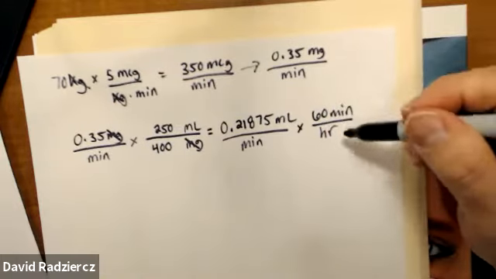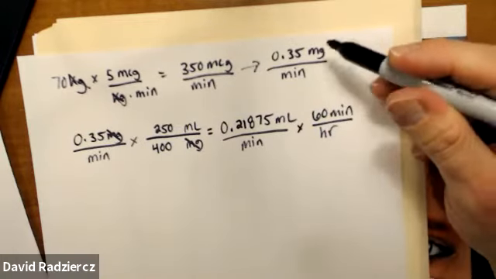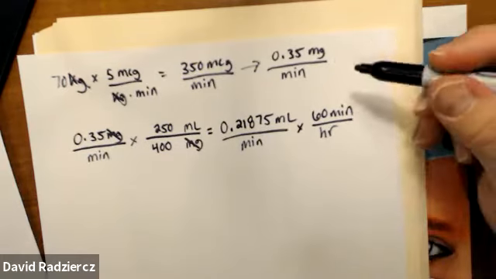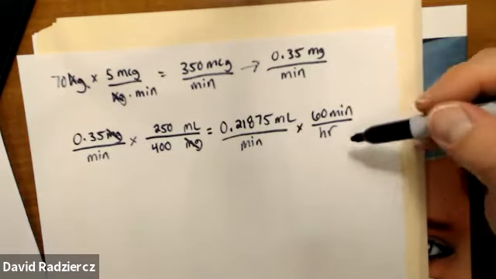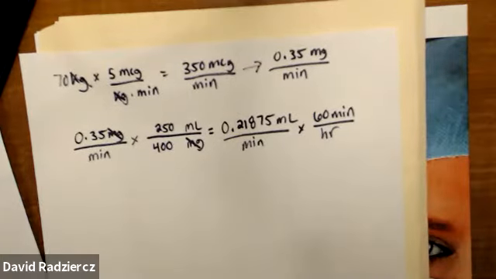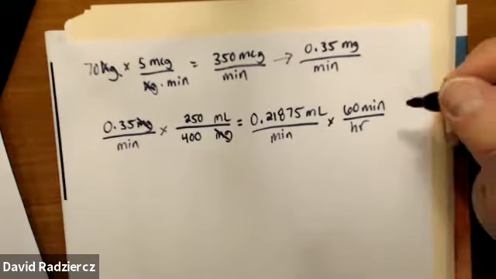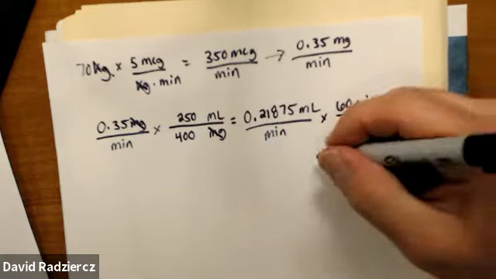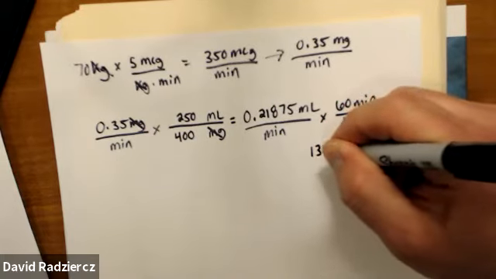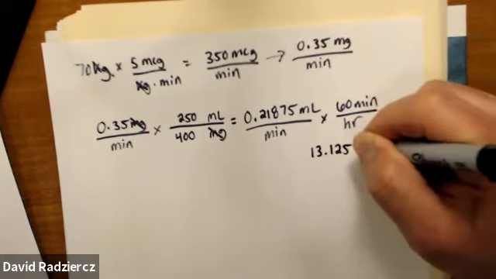You could have done this up here if you had wanted to, and then had this as 60 times 0.35, and then you would have been in milligrams per hour. So either way you do this, you're going to come up with the same answer. So I don't want you to think otherwise. So when I do the 0.21875 times 60, I get 13.125 milliliters per hour.